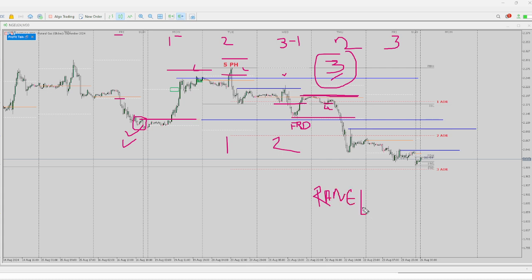Now I do not hold trades overnight, but this could be a potential for you to hold. Okay. This is the range expansion to let you know this thing is continuing down, right? So it's going to go down. We already have 1 hit, 1 break there, 2 breaks here.